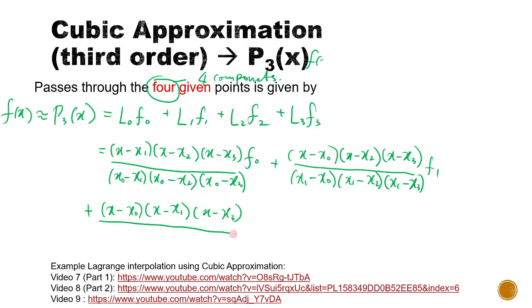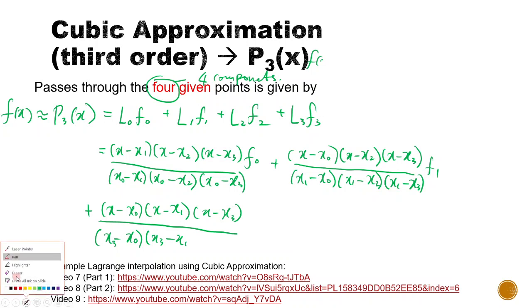Okay, this is the formula. If I write it out it will be long. So f0 x, this is x3, x3 minus x1, x3, x2, wait.